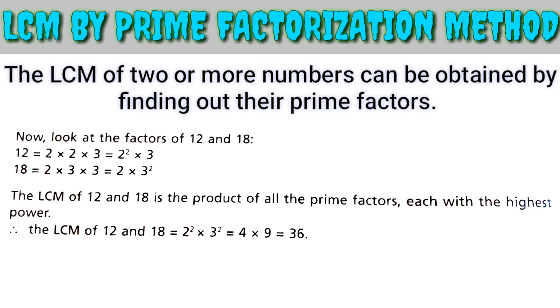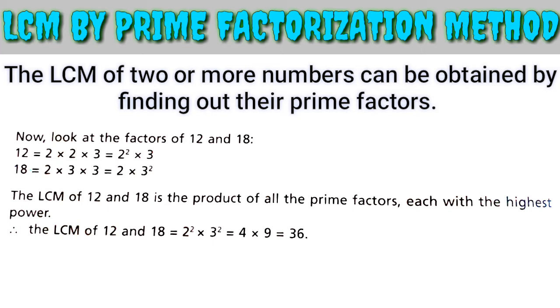12 is equal to 2 multiplied by 2 multiplied by 3 is equal to 2 raised to the power 2 multiplied by 3. 18 is equal to 2 multiplied by 3 multiplied by 3 is equal to 2 multiplied by 3 raised to the power 2.